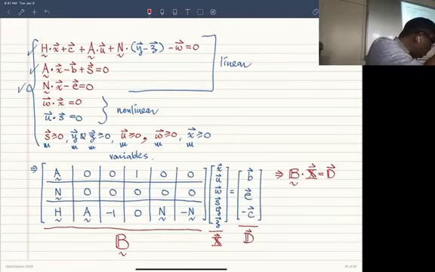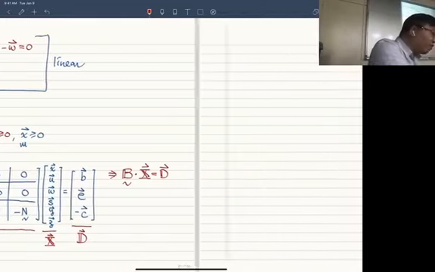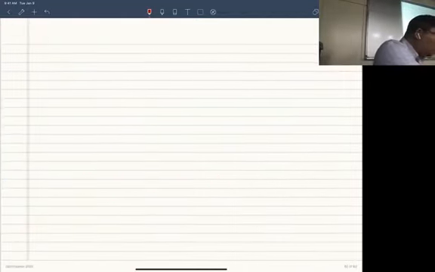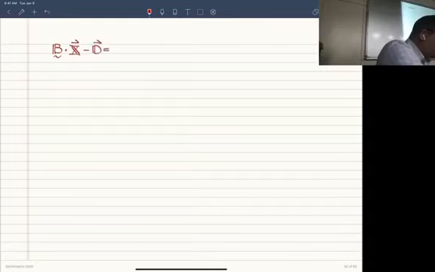So let's put them together. Once we have this, we put everything together. We now have capital B times this capital X minus capital D equals to 0.